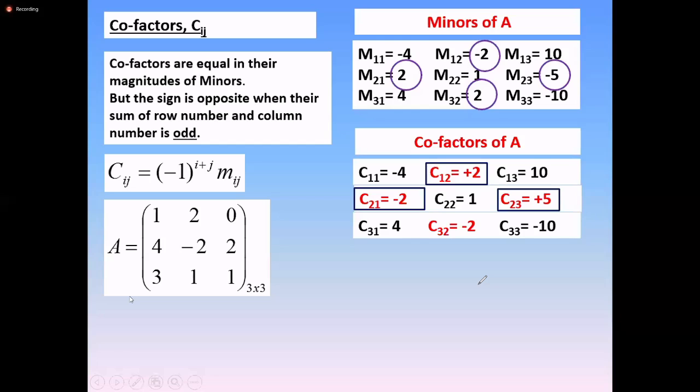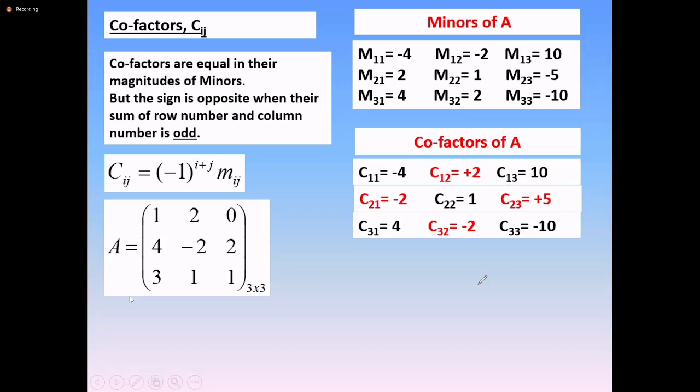And also it changes the sign. So you can identify where the minor values and cofactors are same, where the minor value changes the sign when it goes to calculate the cofactor.